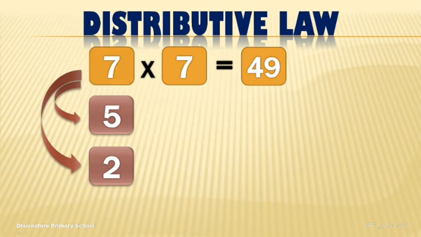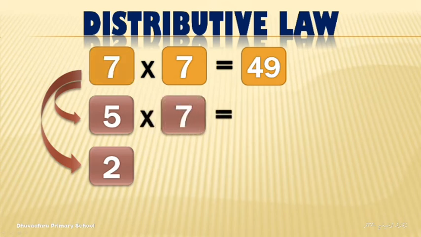I know that 5 times 7 is 35 because I know my 5 times table. I also know my 2 times table, and 2 times 7 is 14.